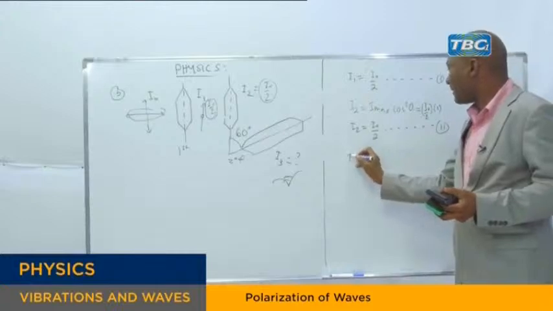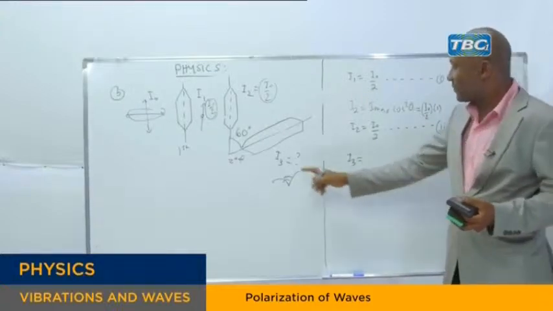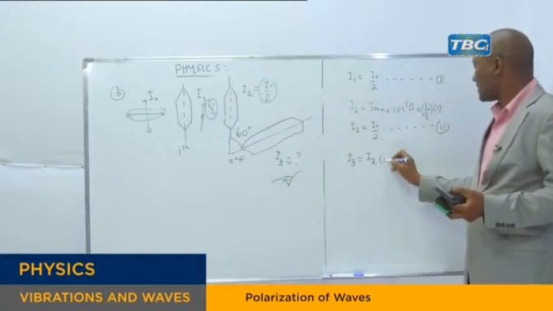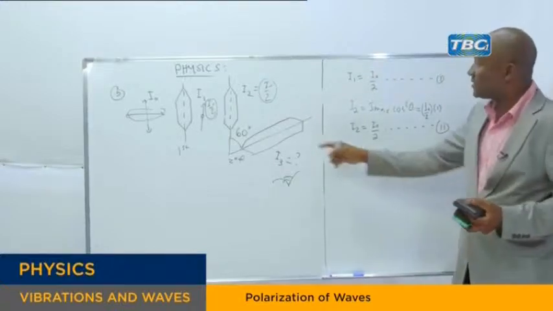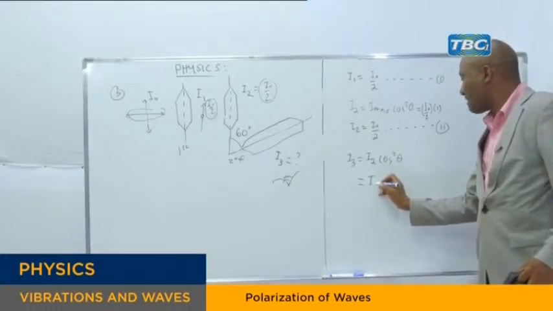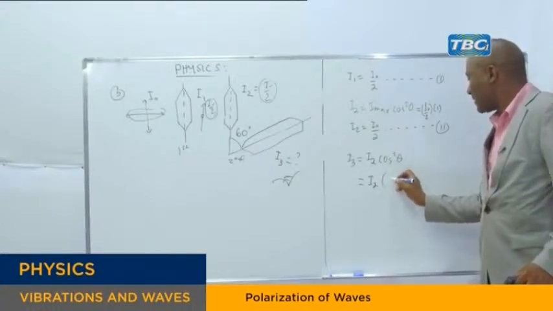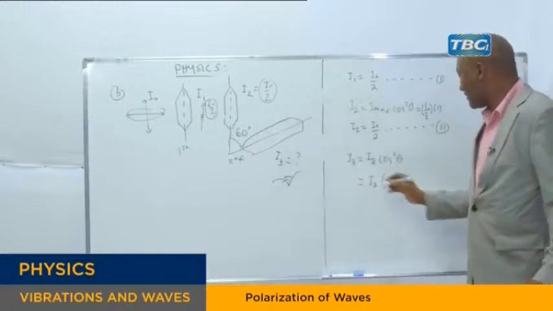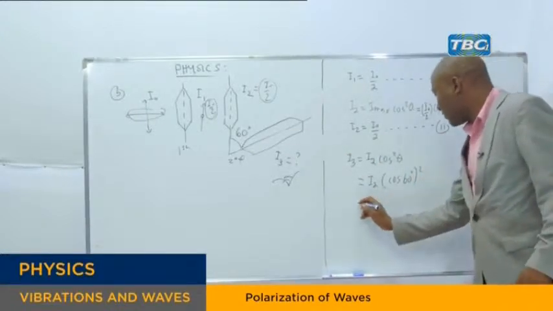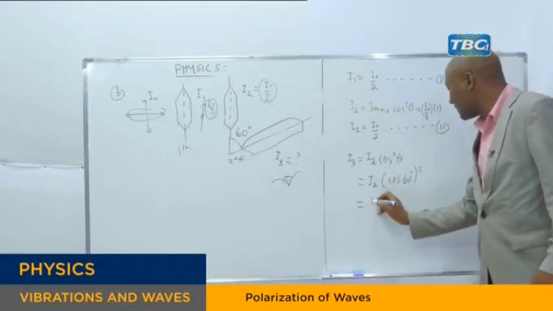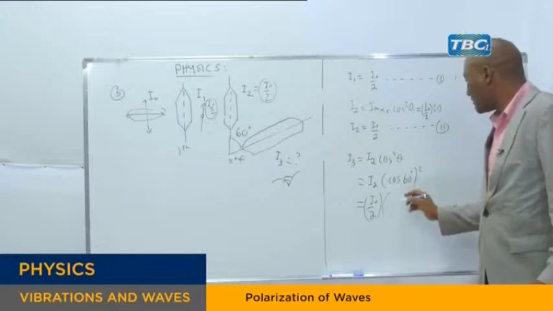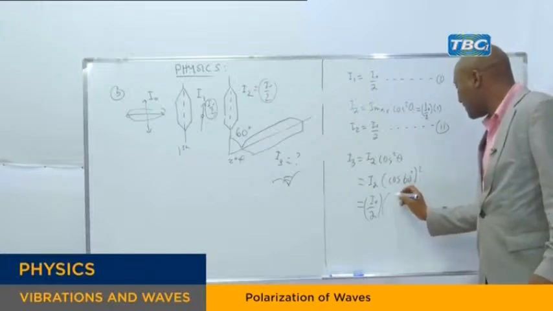Now our I3, that's where you can have changes now. It will be I maximum, which is I2, cosine squared of the angle between the two axes, which is I2 cosine of the angle between them, 60, squared. We know I2 is given from here. It's I0 over 2, and our cos 60 is a half.